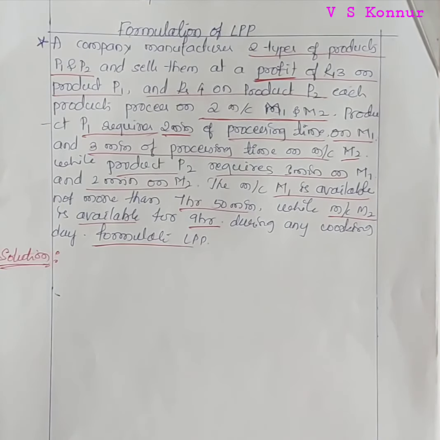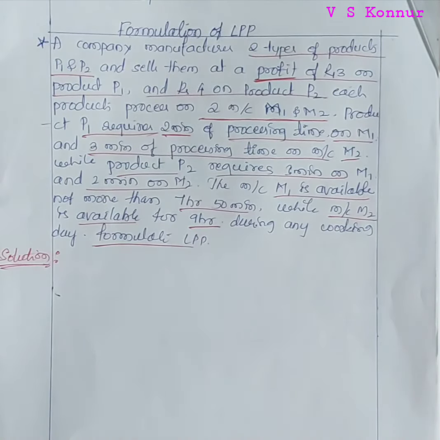First we'll read the question. A company manufactures two types of products, P1 and P2, and sells them at a profit of rupees 3 on product P1 and rupees 4 on product P2. Each product is processed on two machines, M1 and M2.